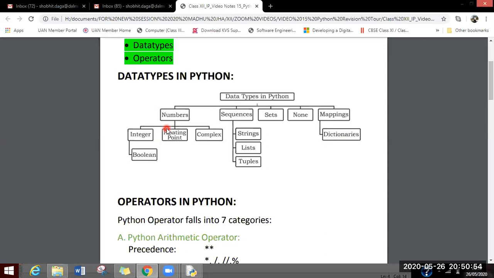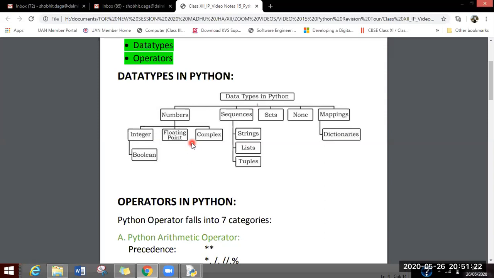These data types help us segregate the type of data that is stored within a particular variable. Data types in numbers are of three types: integers, which do not have any decimal point; floating point numbers, the numbers with decimal point notation; and complex numbers, which have both a real and an imaginary part.